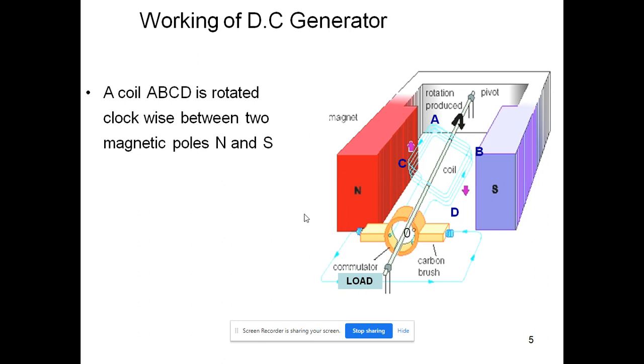Here we can see the coil which is placed in between the two poles, that is North Pole and South Pole.